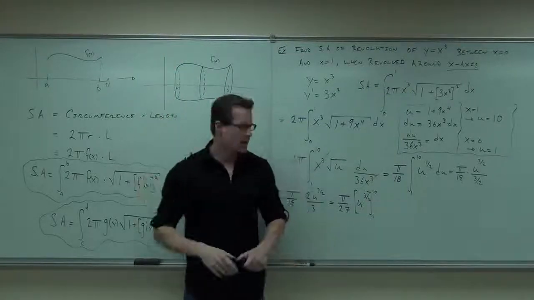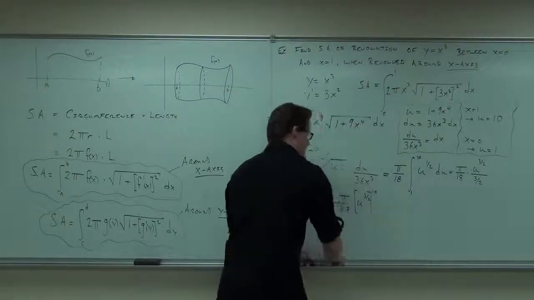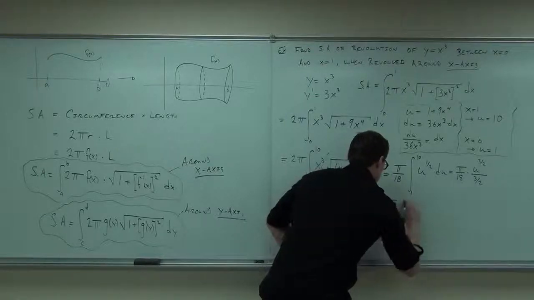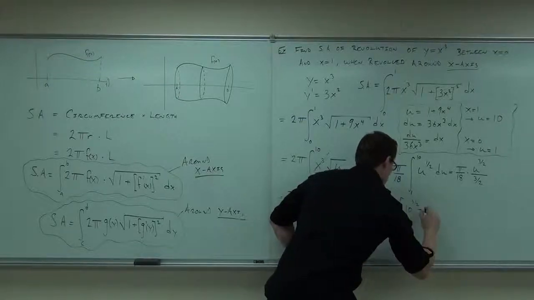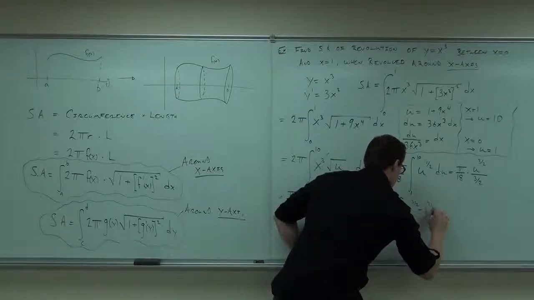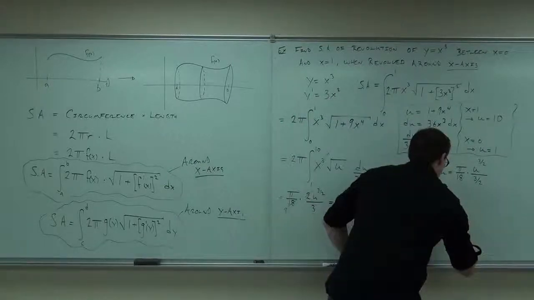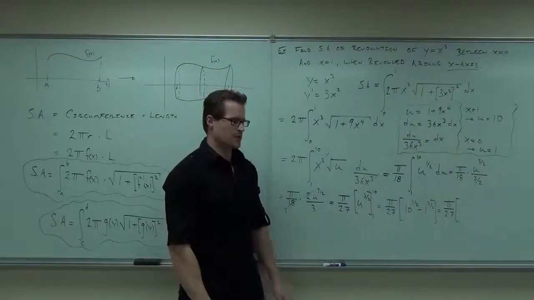Now just evaluate. We're going to take 10 to the 3/2 minus 1 to the 3/2. Ten to the 3/2 is going to be 10 root 10.